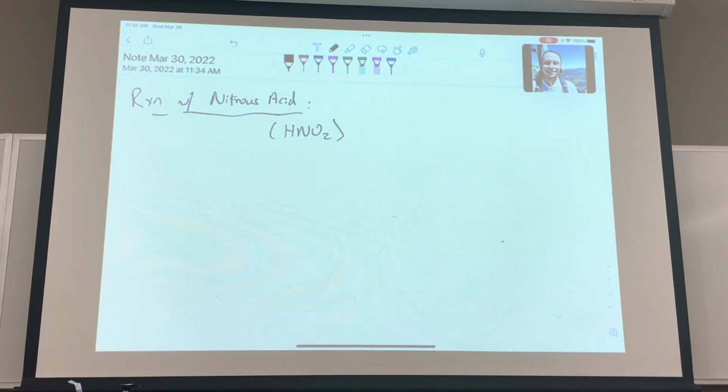Now, what we can do with this is you can take nitrous acid, and if you treat a primary amine with it, we'll go through the mechanism in a minute, what it will generate is this diazonium species.